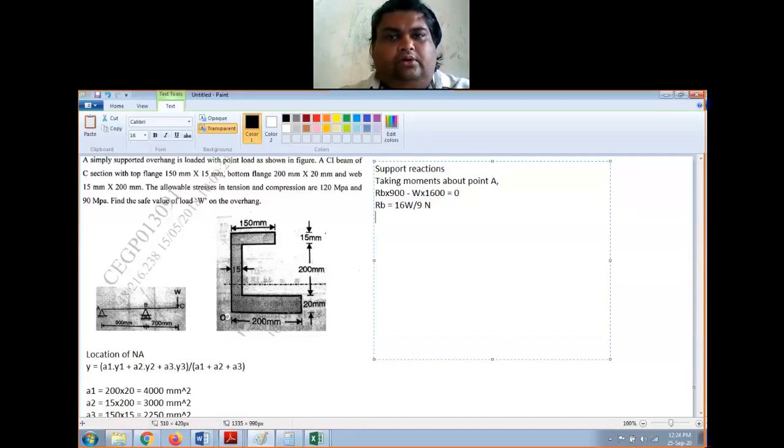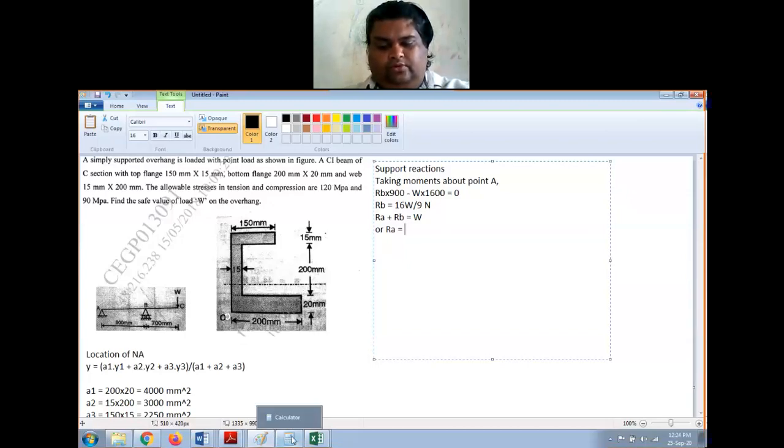Now, sum of all the forces is equal to 0. So RA plus RB is equal to W. There is only one vertically downward force, W. Or RA is equal to W minus 16 W by 9.